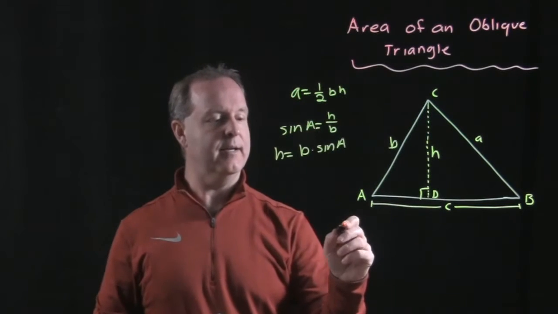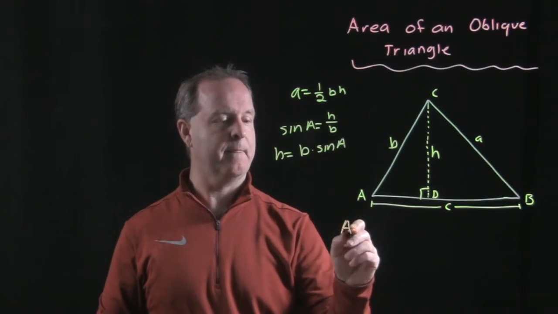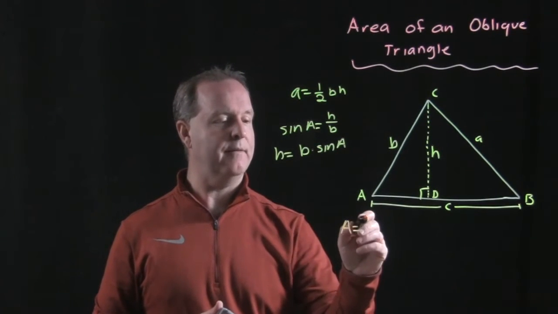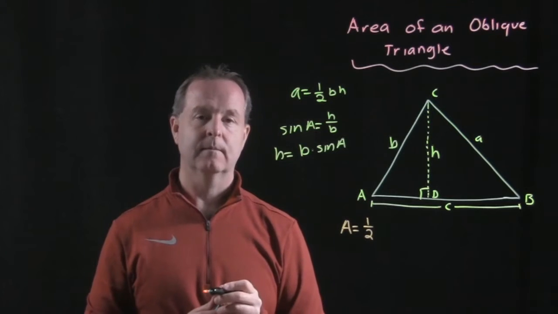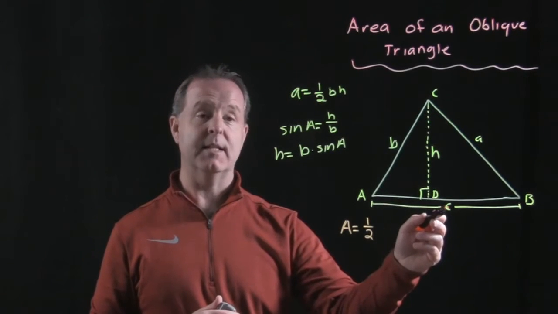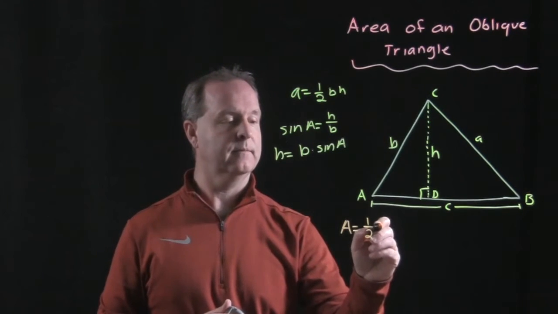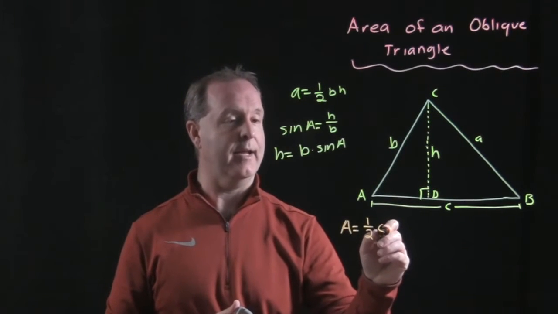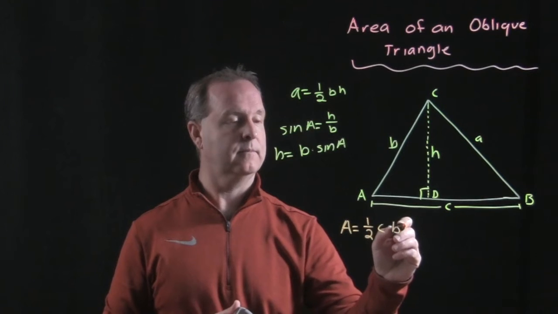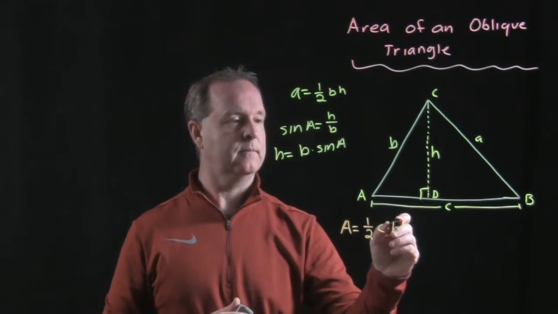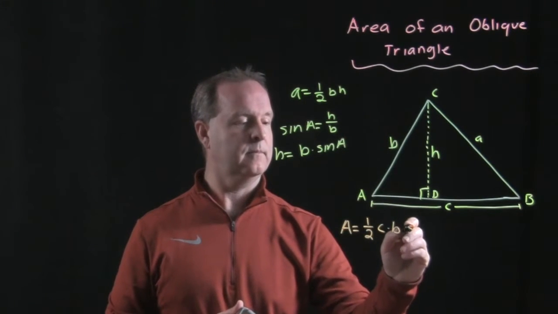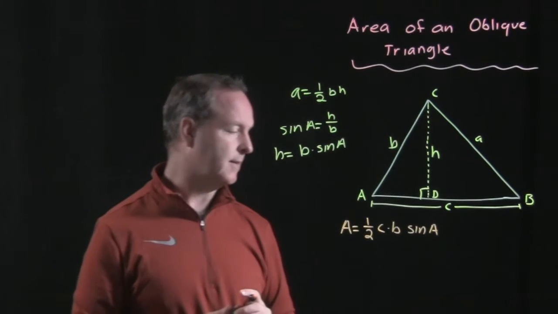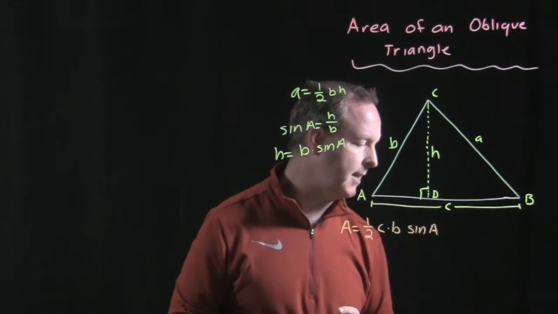So I have the area of this triangle equals 1/2 its base, which is in this case c, times its height, which is modified with b times the sine of A. And then typically you'll see those written down in descending order.